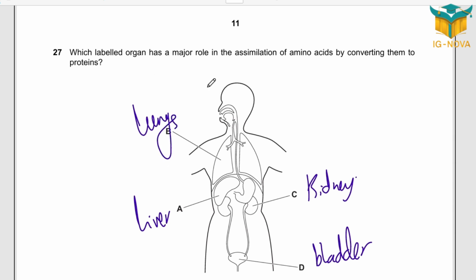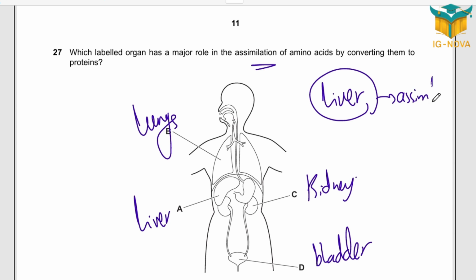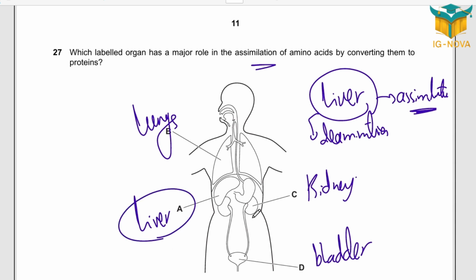So which labeled organ has a major role in assimilation? Liver, for amino acid assimilation or deamination. So liver assimilates amino acid into protein or deaminates excess amino acid to form urea. So liver.